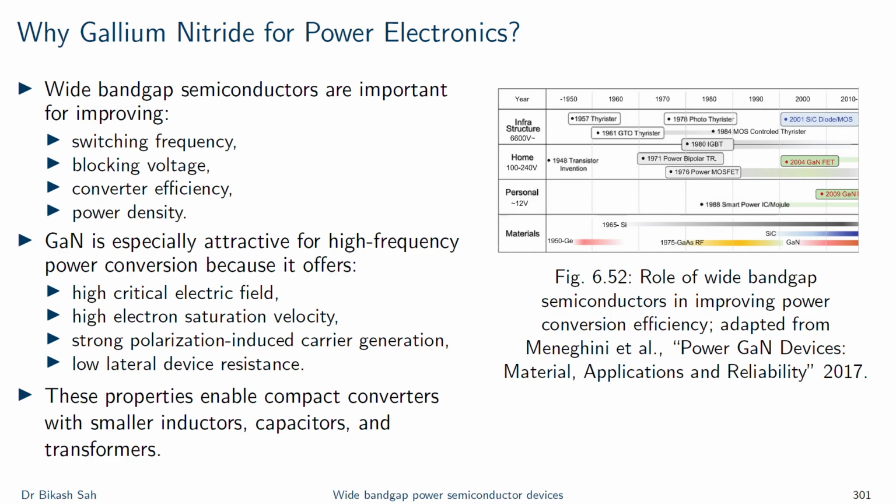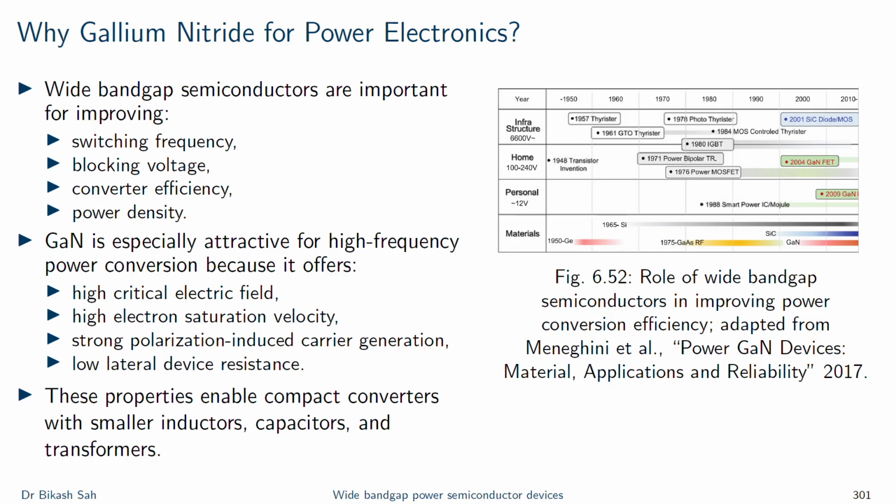Its high electron saturation velocity supports very fast carrier transport, and its polarization physics gives us a high density electron channel without conventional doping. This is why in the slide you see that I am emphasizing switching frequency, blocking voltage, efficiency and power density as the important factors for improving the performance of a power semiconductor.